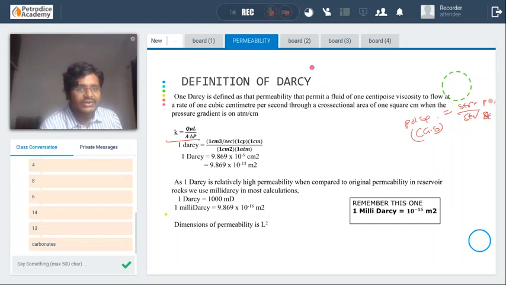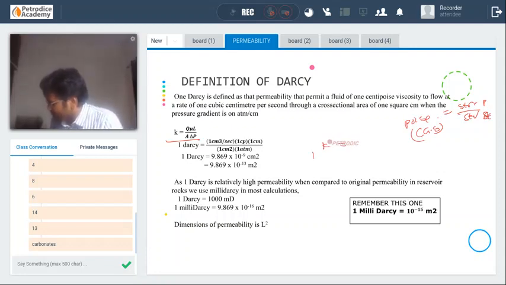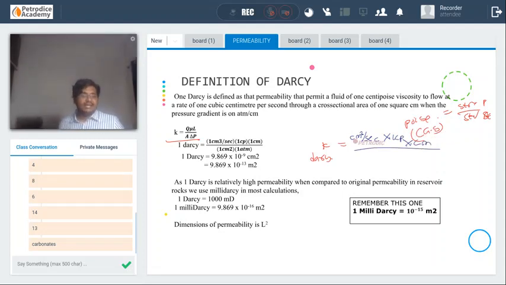Similarly, the Darcy is defined in CGS units. So K is in Darcy, Q is in centimeter cube per second, viscosity is in centipoise, length is in centimeter, area is in centimeter square, and atmosphere is the unit of pressure.